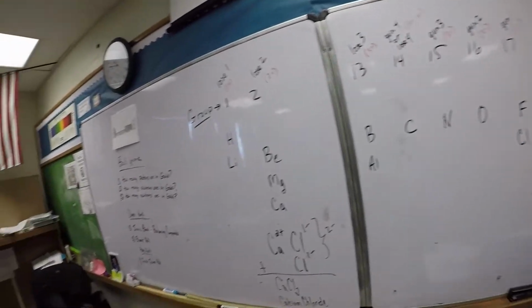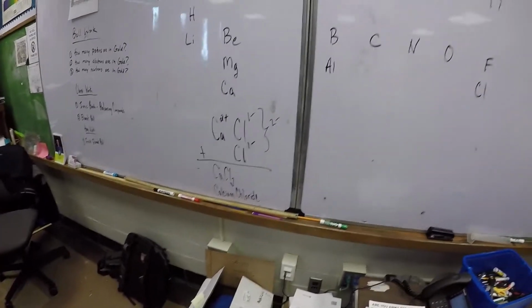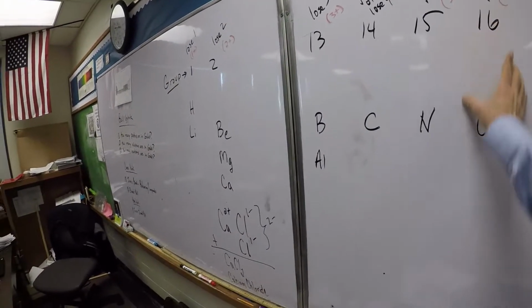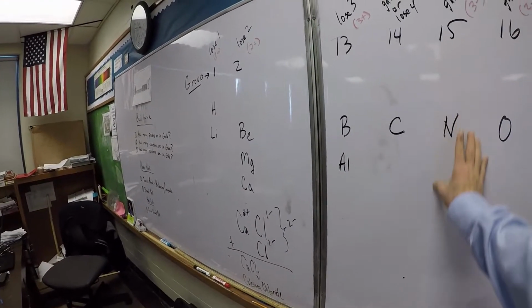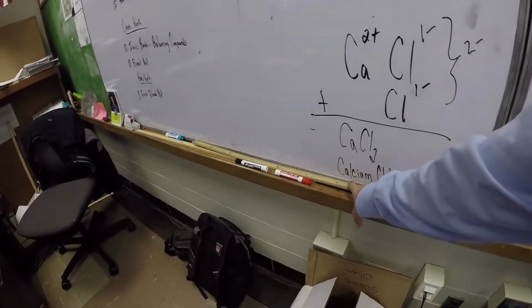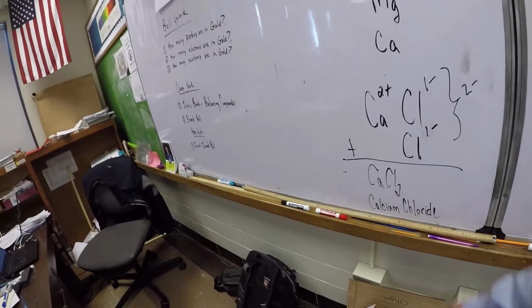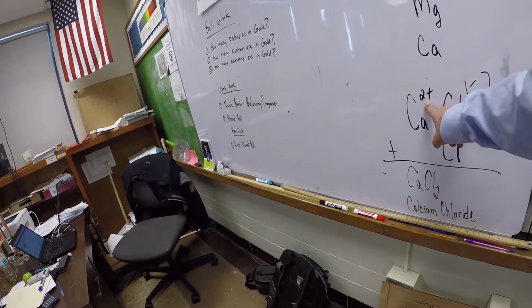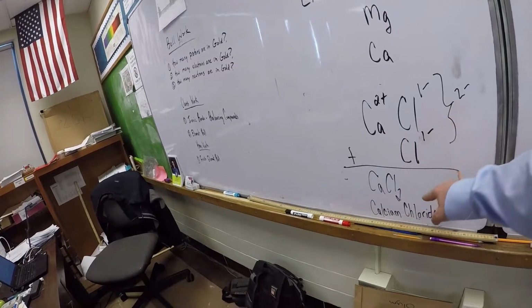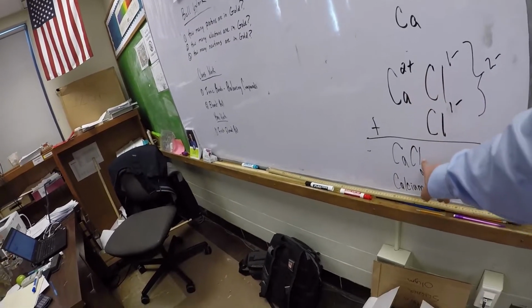Main group nonmetals, correction. So you'll see right here that would be the halogen, the oxygen, and the nitrogen group here. So calcium chloride, you'll see that calcium has 2 positive. We have to add another 1 negative. And that gives us 2 negative and 2 positive.